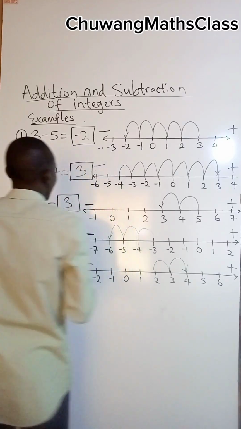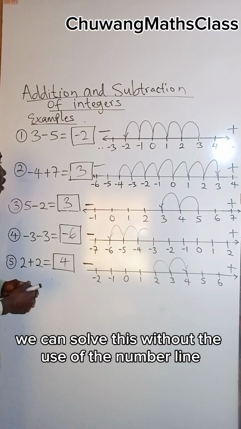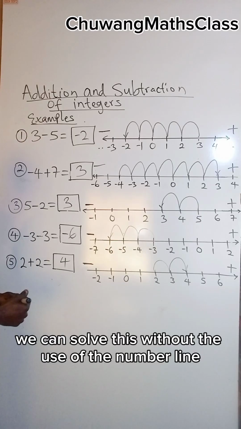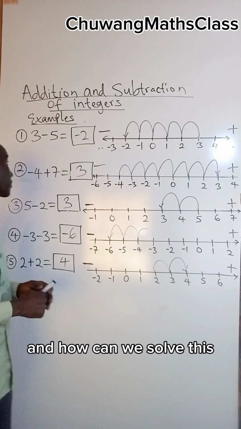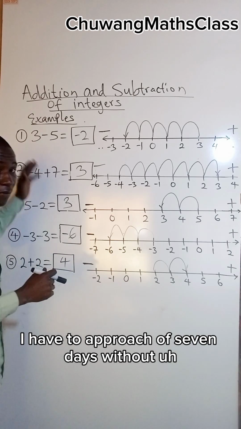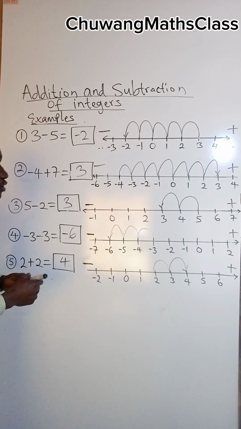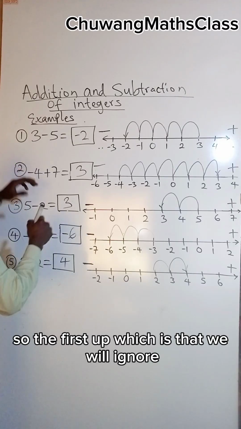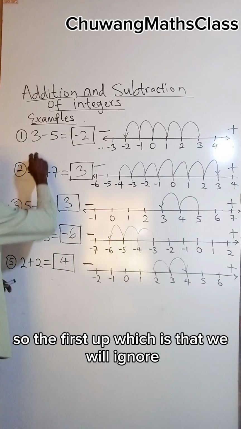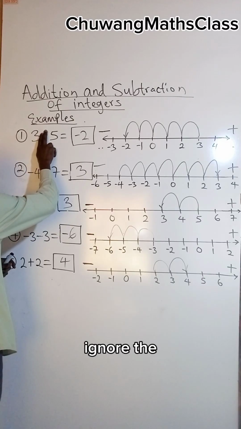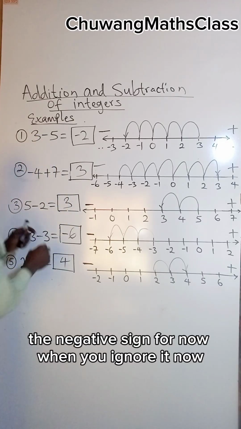Okay, we can solve this without the use of the number line. And how can we solve this? I have 2 approaches of solving this without the number line. The first approach: ignore the negative sign for now.